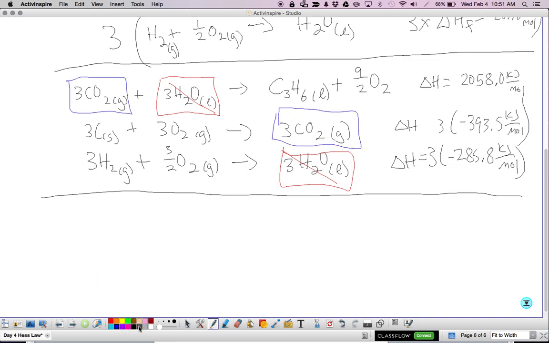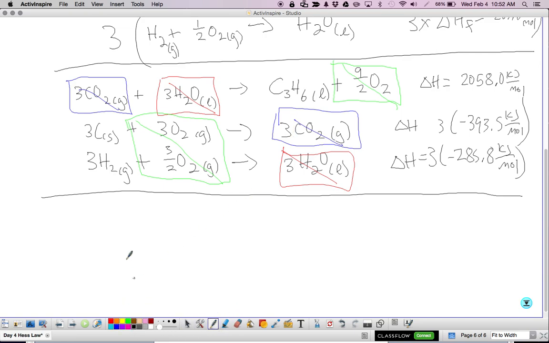And then the last one is going to be the oxygens. I have 2 oxygens on this side, and I have an oxygen over here. So 3 oxygens plus 3/2 oxygens, you need to get a common denominator, so that's 6/2 plus 3/2 is 9/2, which is what I have over here, so all of this goes away. I forgot to cancel this out too.